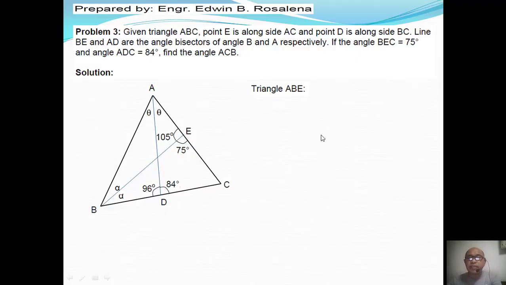Okay, so I can consider triangle ABE. So, triangle ABE, so we have here 2 theta, alpha, and 105 na. So, if I sum up the three angles, so 2 theta plus alpha plus 105 equal to 180. So, I will come up with 2 theta plus alpha equal to 75. So, I will call it equation 1.